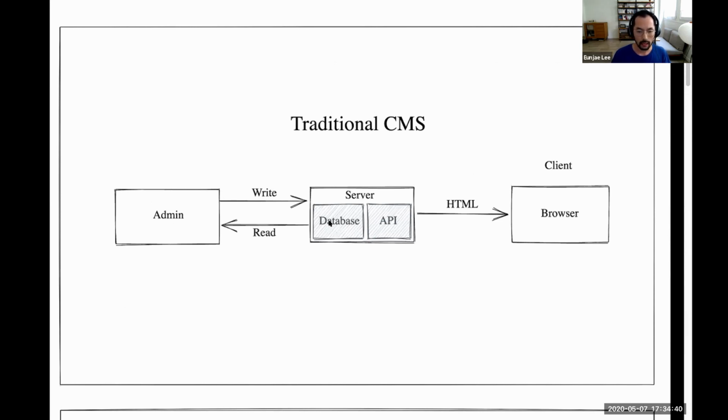They have a database and API. So we write to the server and we read from the server. And to the client, for example, the browser, they receive HTML from this server, meaning they receive a whole website. So it works fine. It's totally normal and it works fine.